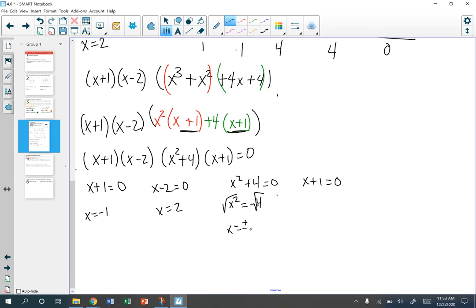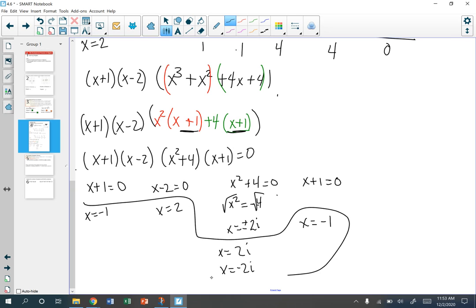Remember, the square root of a negative is i. And then the square root of 4 is 2. So I'm going to just write 2i here. And then we get x equals -1. So this plus or minus gives us 2 answers. We get x equals 2i and x equals -2i. So I have 1, 2, 3, 4, 5 zeros here, which is exactly what we need. Perfect.